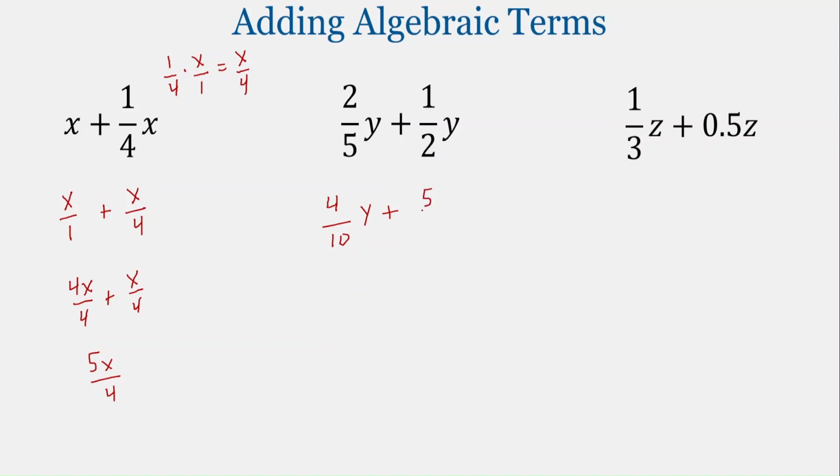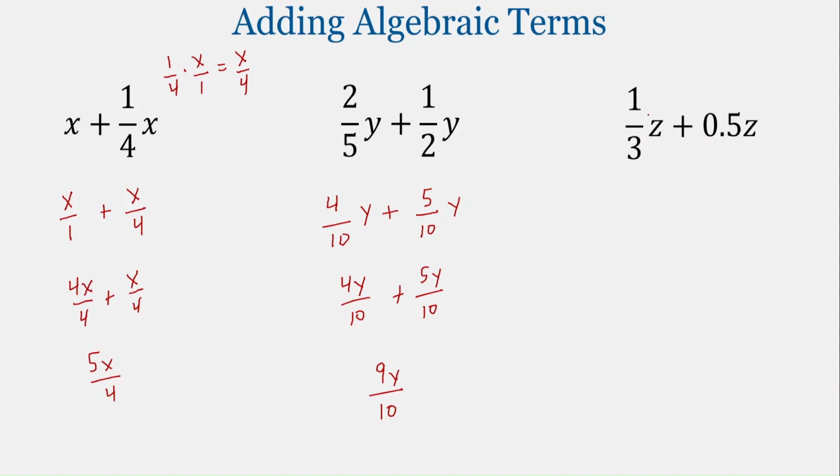So that's going to give us 5/10 y. Again, remember these y's are in the numerator. They're up top. Or we can view these as y over 1 if you'd like. So in a sense, we have 4y over 10 plus 5y over 10. We add these together. 4y plus 5y is 9y all over 10.